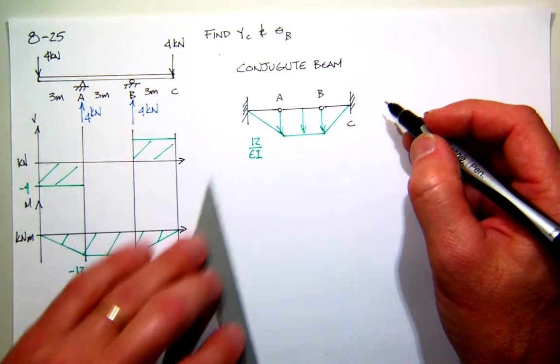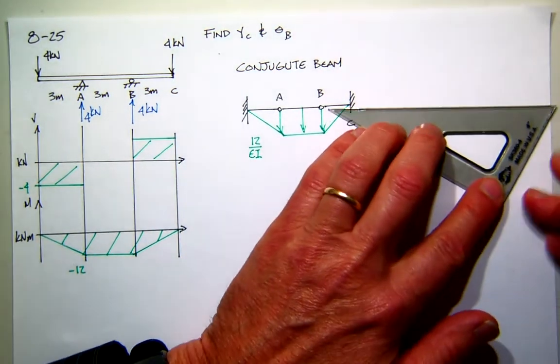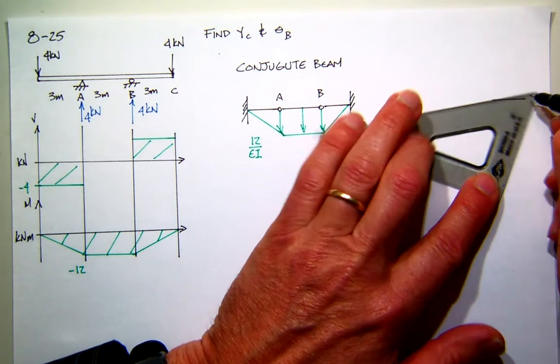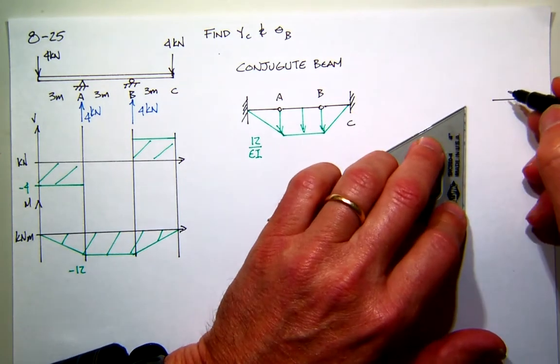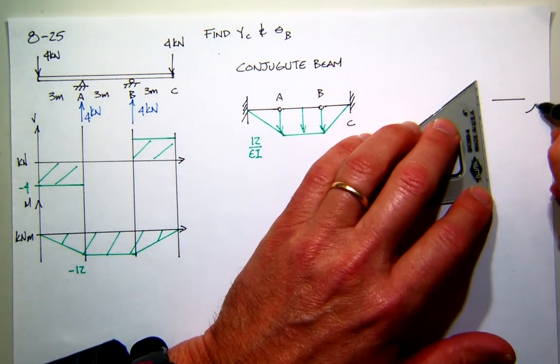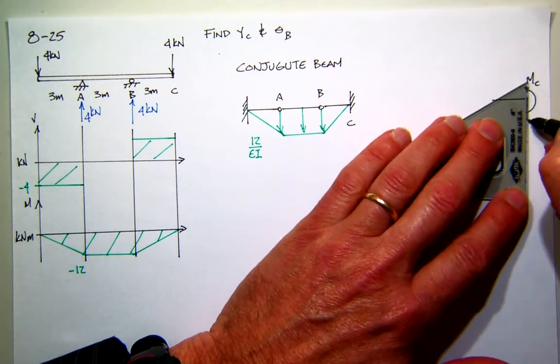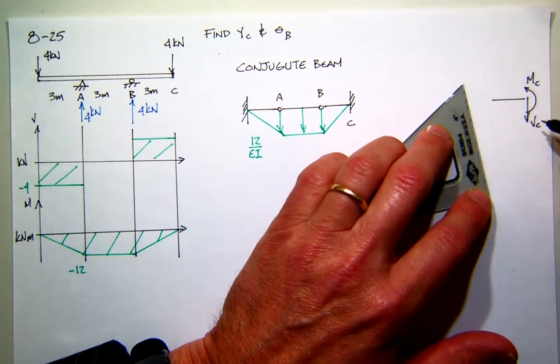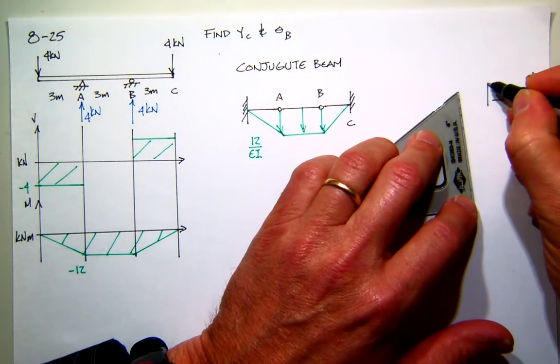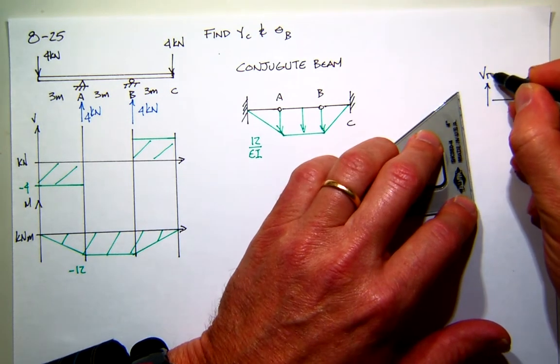So I'm going to break it apart at the hinge, right? So there it is. So I'm going to have now a moment at C, a shear at C, and a shear at B.